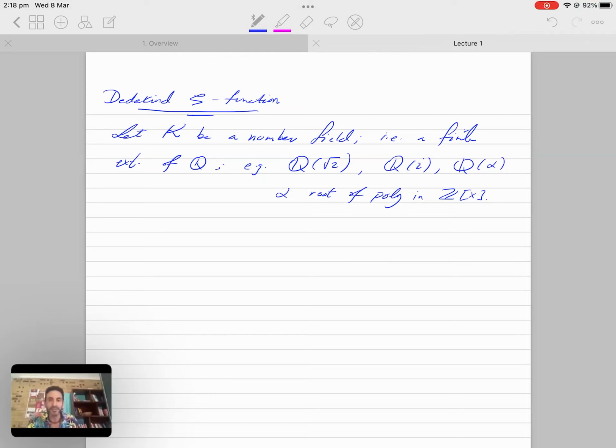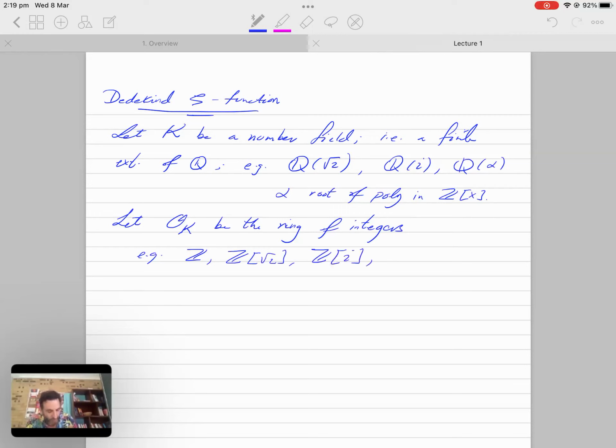So inside here, we have a ring of integers. Let O_K be the ring of integers. What do I mean by that? If you're Q itself, then it would be Z. If you're Q adjoin root 2, I think it would be Z adjoin root 2. If you Q adjoin i, then it would be Z adjoin i, but it won't always be like that.